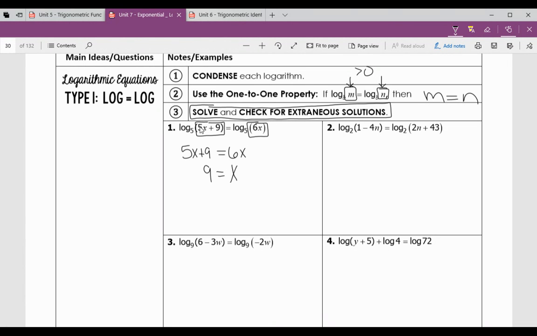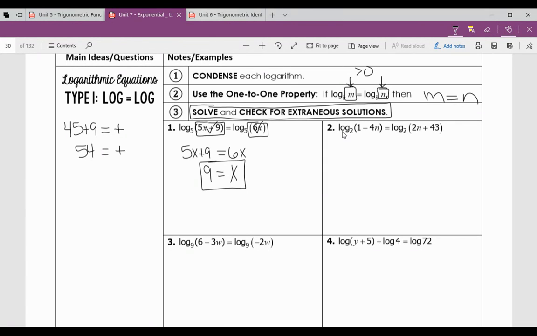Okay? So 5 times 9, that's 45, plus 9, which gives me a positive. That's good. 6 times 9 is 54, and that's also positive. So I checked it here, I checked it here. I can keep that answer. Okay? If either one of these groups, when I plugged in my answer, turned into a negative, you have to throw that answer out.